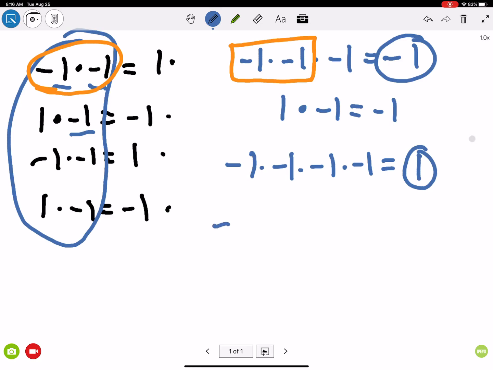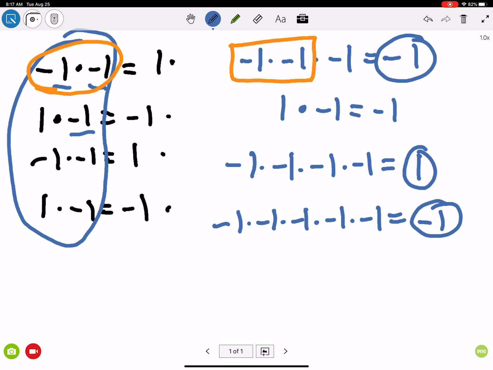Let's go a step further: 1, 2, 3, 4, 5. What do you think is going to happen here? When I had 3 -1s, it was -1. When I had 4 -1s, I got +1. Now I've got 5 -1s. What's going to happen? I get a -1 again.